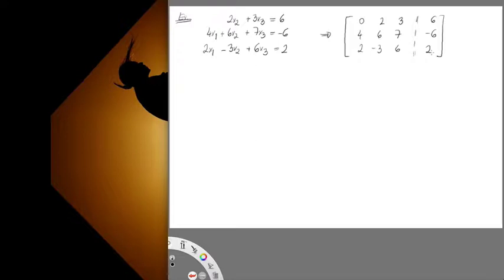So technically there are positions here that I would like to make 0, and I can make things 0 by doing a linear combination of different rows and then replacing one of the rows with that linear combination.